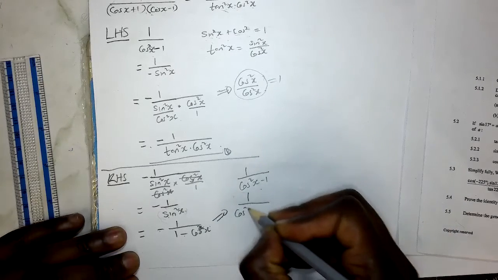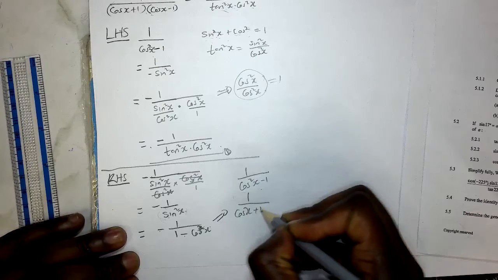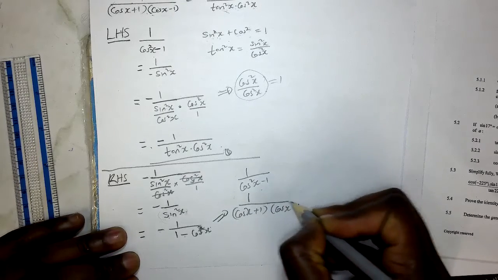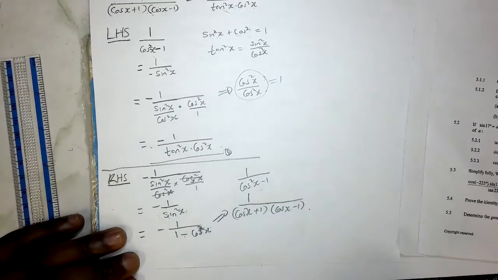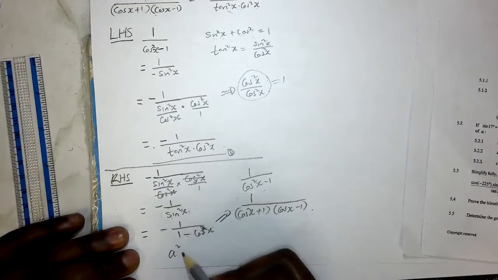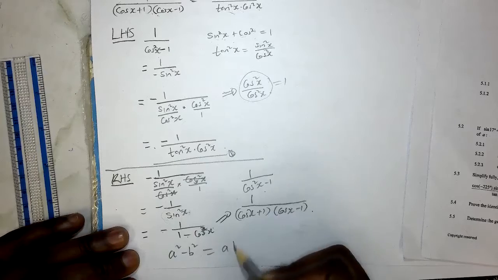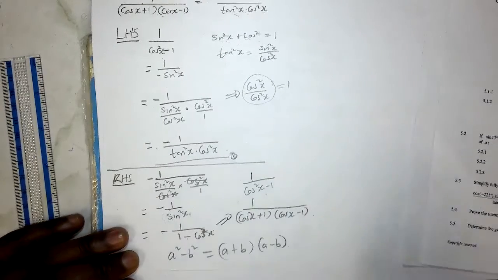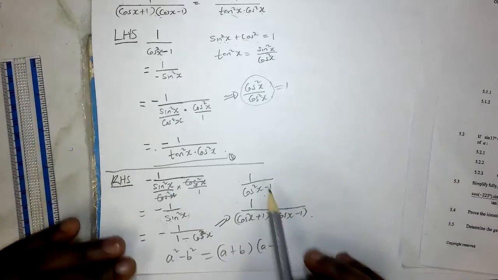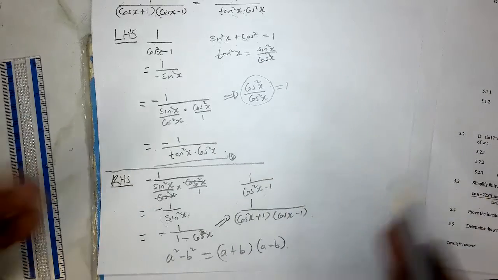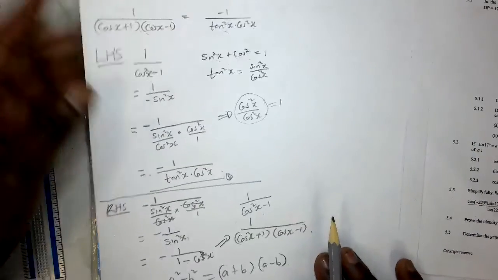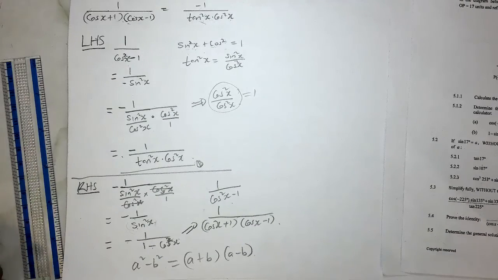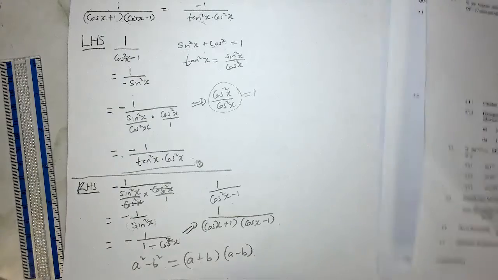Cos x plus 1, cos x minus 1. Difference of 2 squares: a squared minus b squared is equal to a plus b, a minus b. That's what you need to know. If both of them can be squared, like here, 1 squared is just equal to 1. Cos squared minus 1 squared is equal to cos x plus 1, cos x minus 1. Okay.